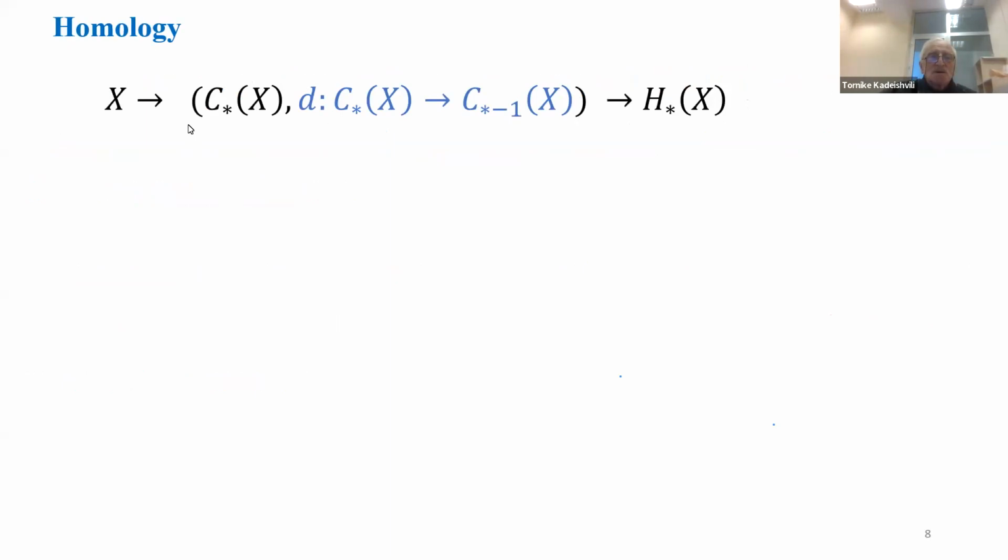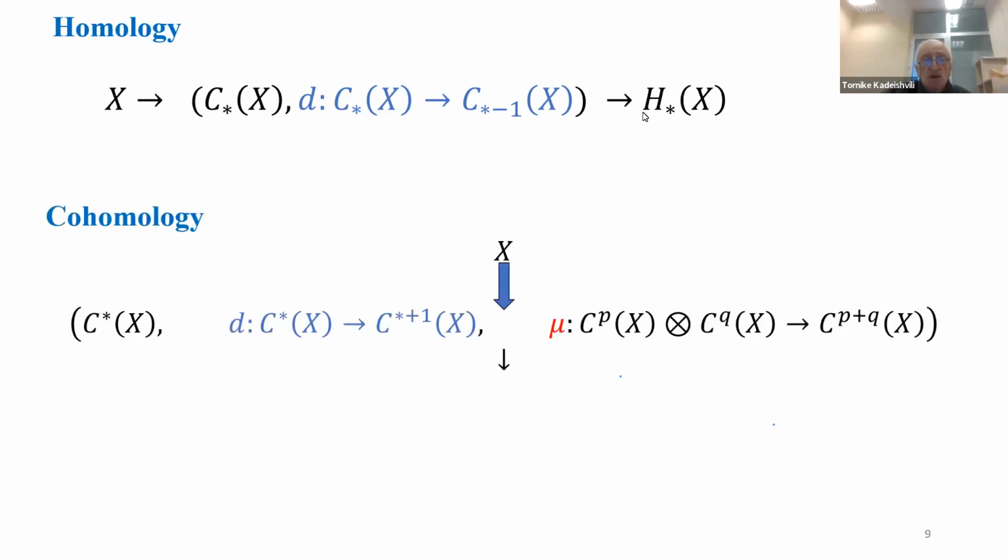Again, one more view of this general observation. To a topological space we correspond its chain complex with the differential, and the chain complex has its homology.